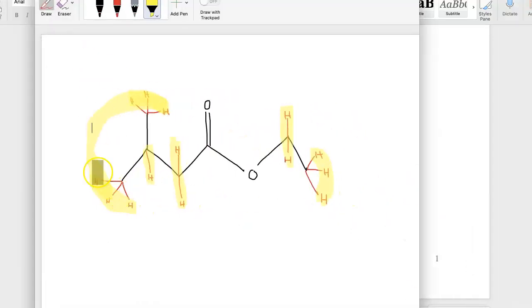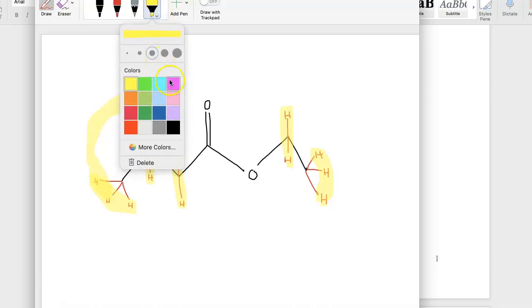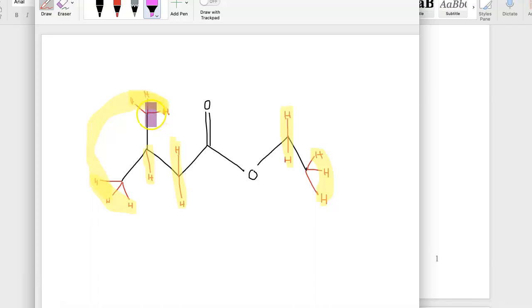Well, if you remember, these carbons bound to hydrogen are identical, so this one and this one are the same signal. So 1, 2, 3, and then we're counting this one, even though it's not bound to hydrogen, because for the CNMR it counts. 4, 5, 6.